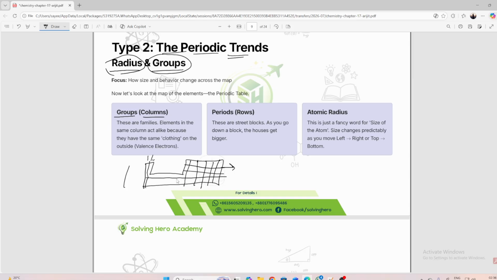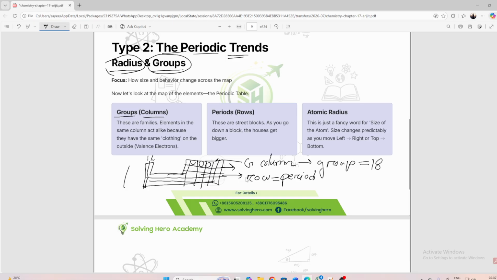These columns are called groups, and there are 18 groups, and these rows are called periods.